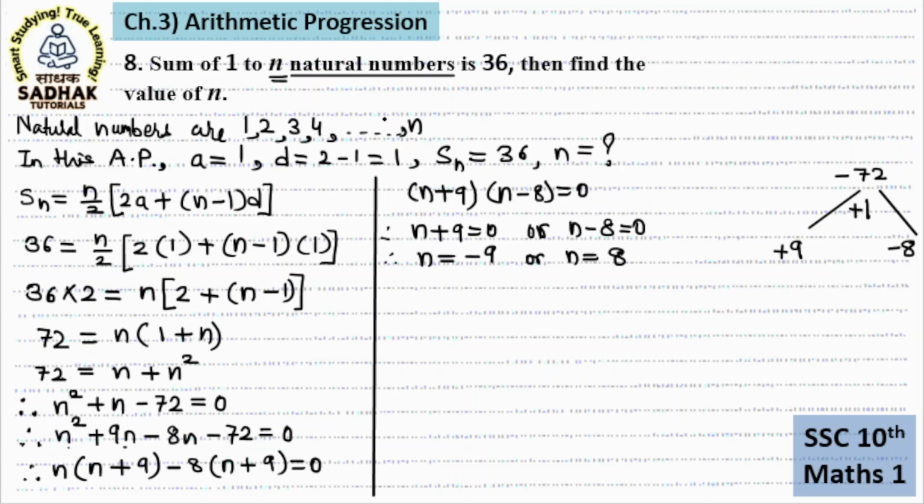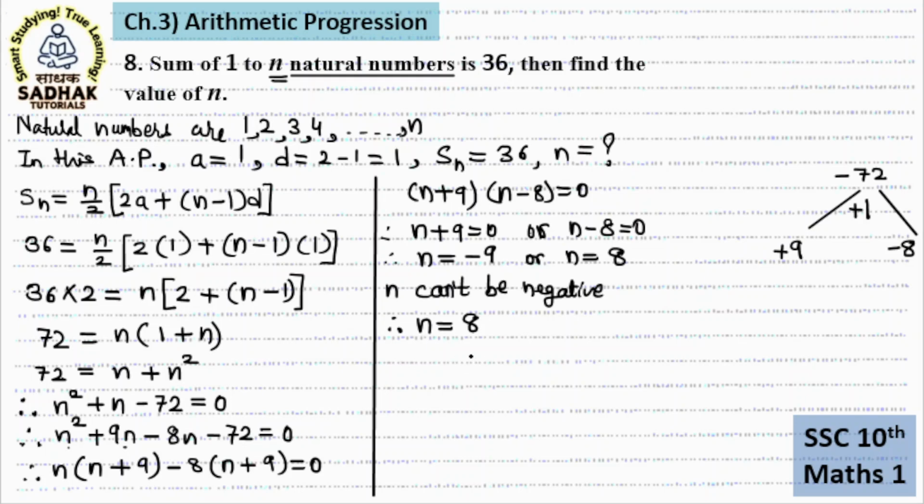Now n is the number of natural numbers, right? So it cannot be negative, because it is the number of natural numbers. So it has to be a positive number, therefore the value of n will be 8.